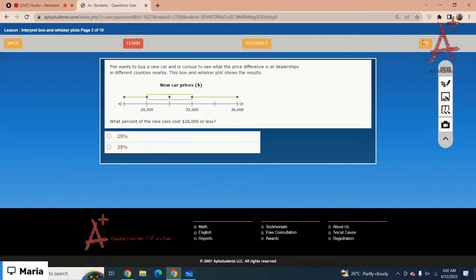Tim wants to buy a new car and is curious to see what the price difference is at dealerships in different countries nearby. This box and whisker plot shows the results. Okay, here are the new prices. What percent of the new cars cost 28,000 or less?